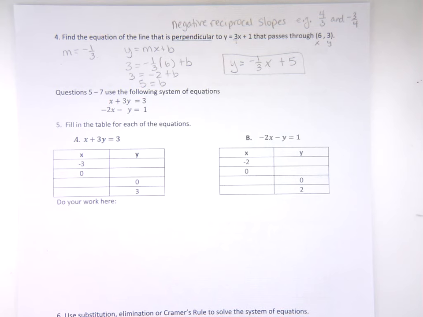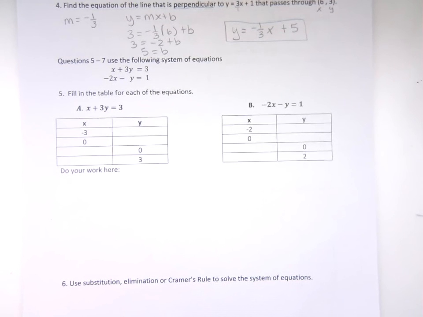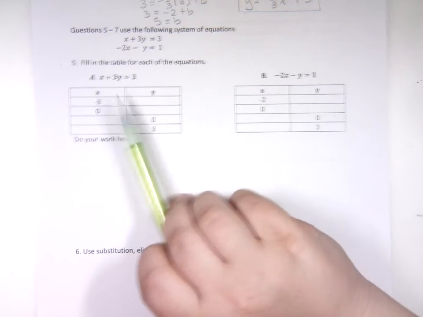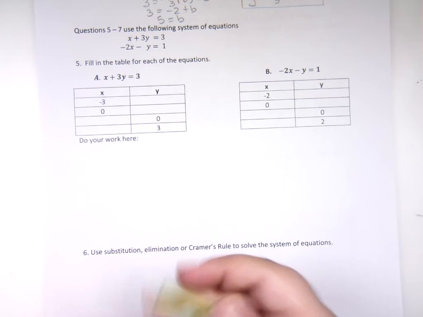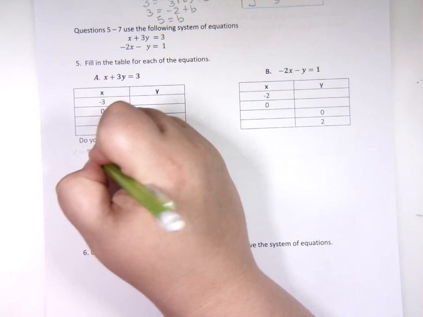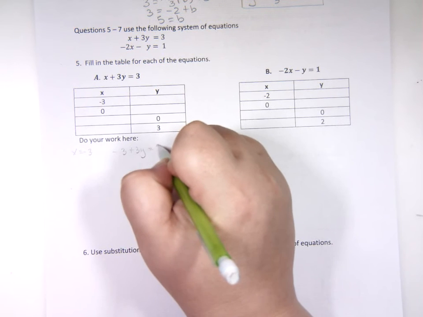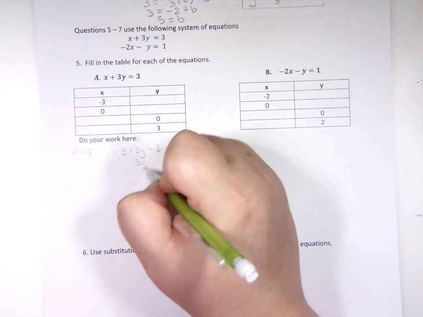Okay, next, number 5. So we've got a system of equations, and I'm asking you to just evaluate at certain points. So when x is equal to -3, we've got -3 plus 3y equals 3. So 3y equals 6 and y equals 2.